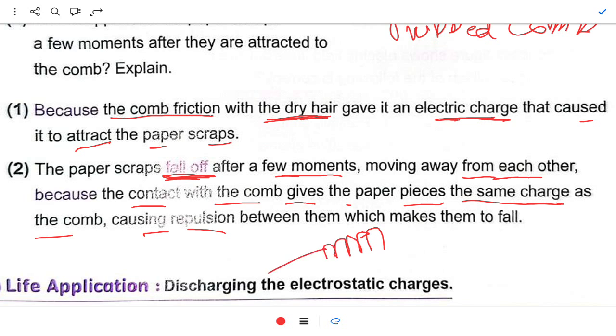You have this comb and you have these scraps of paper. If these scraps are attached to the comb, they will be charged with the same charge the comb has, like positive, so the scrap will be positive. Positive and positive will cause a repulsion between the scraps and the comb.